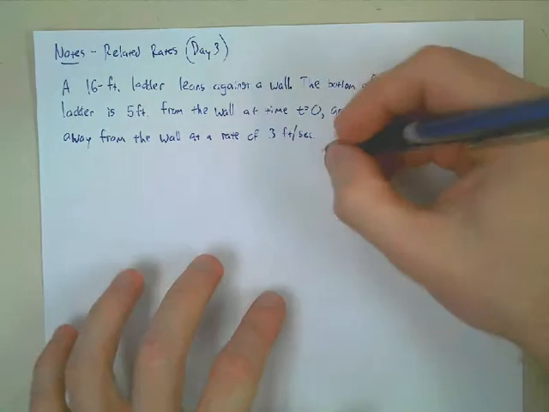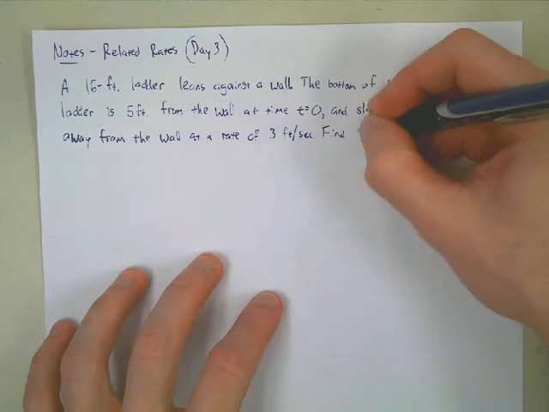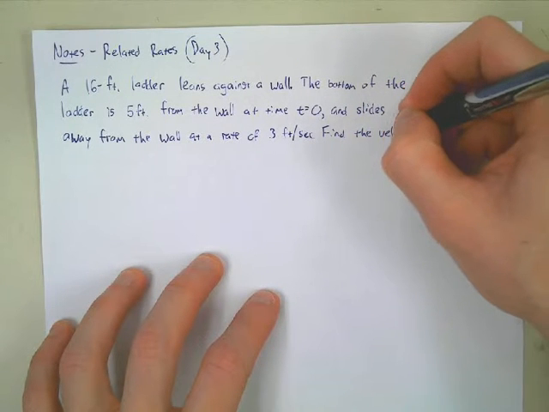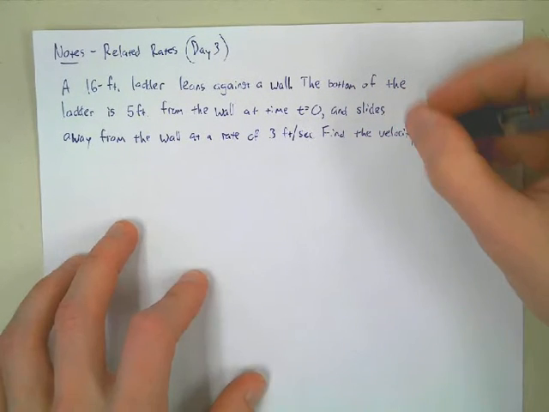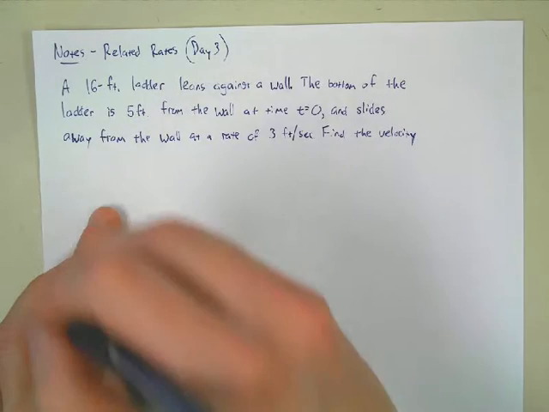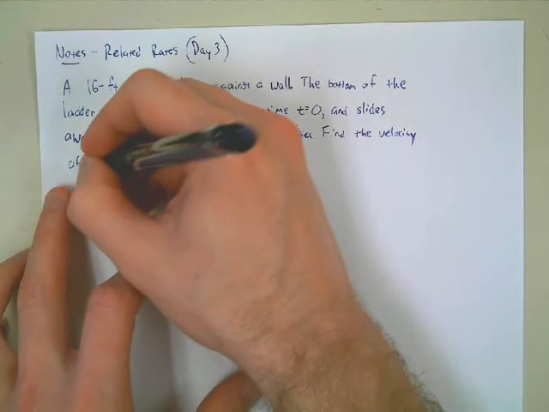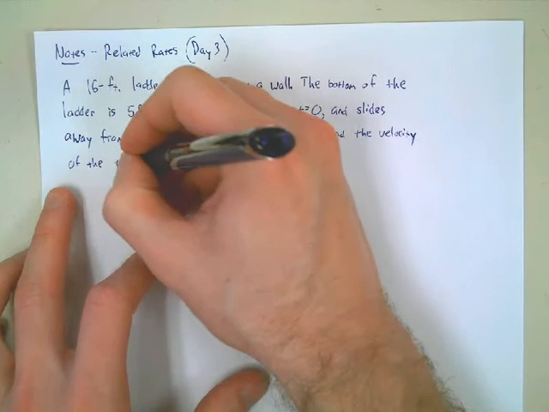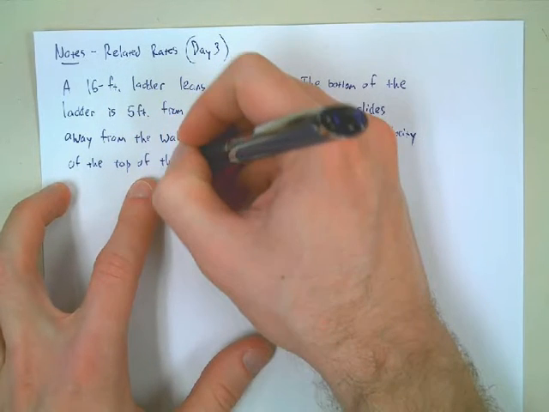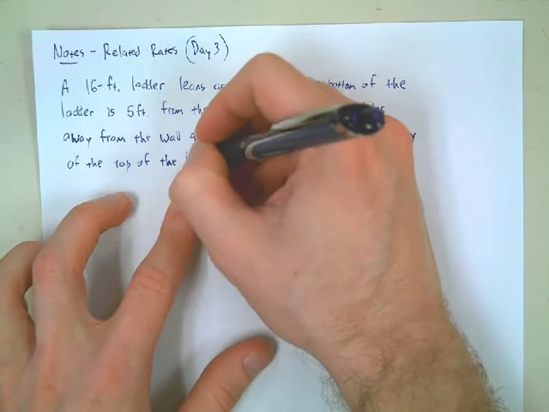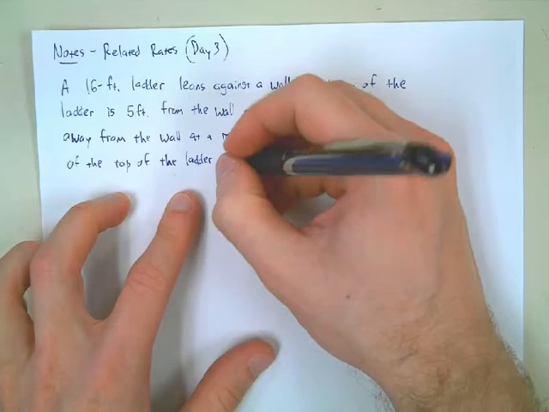Find the velocity of the top of the ladder at time t equals 1.